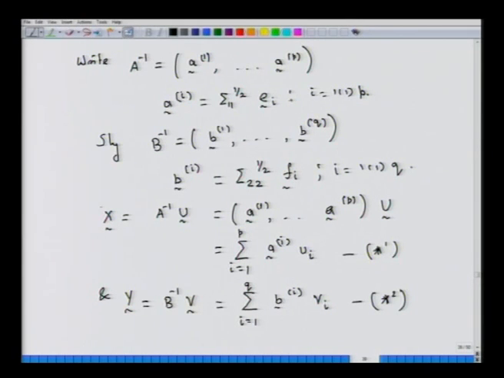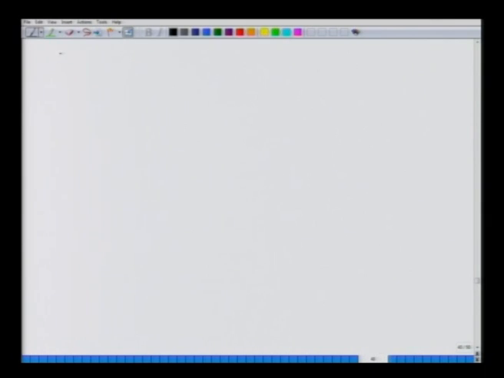Now, if we look at this representation of x, what is the covariance matrix of x? Now, x we are writing as the summation i equal to 1 to p of a_i vector multiplied by u_i, right.